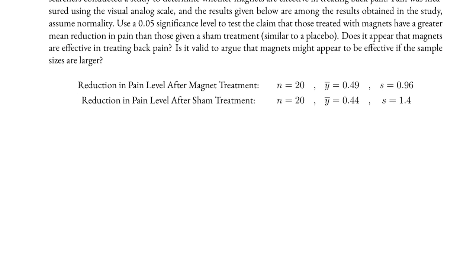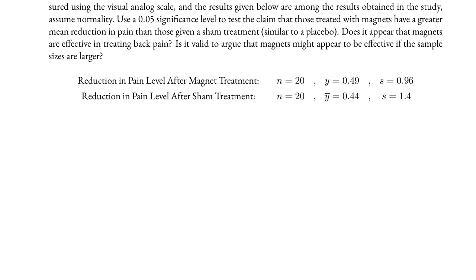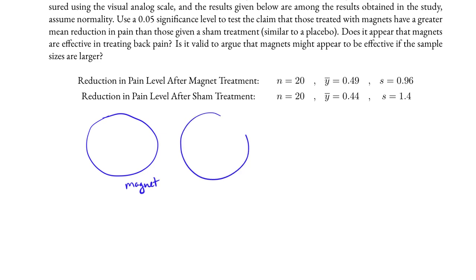We are given the statistics for the two samples from the two subpopulations. The first subpopulation is the one with the magnet treatment, and the second subpopulation is the one that was given the sham treatment. From each of the subpopulations, we'll get a random sample. For the first subpopulation, the sample size is 20.